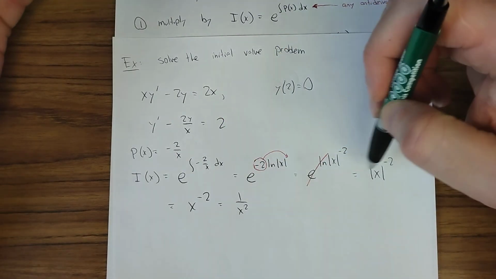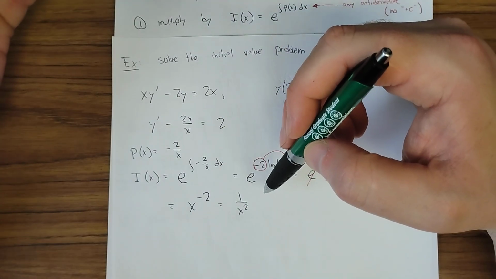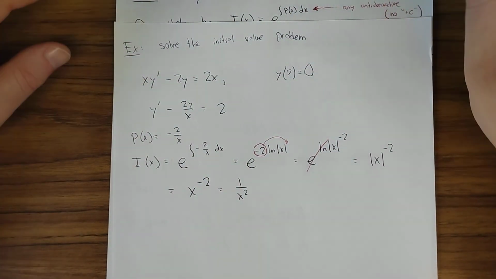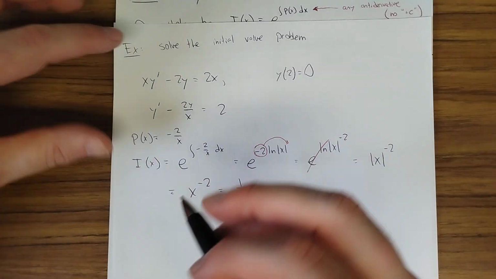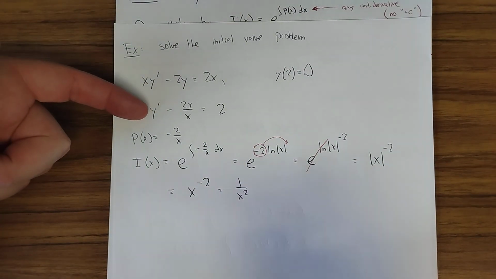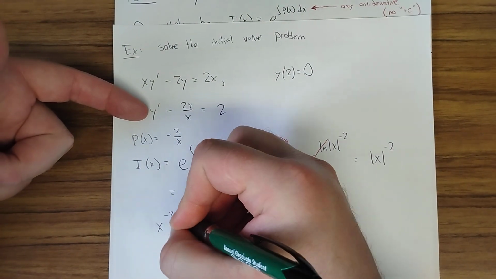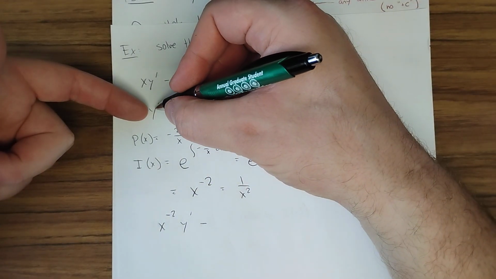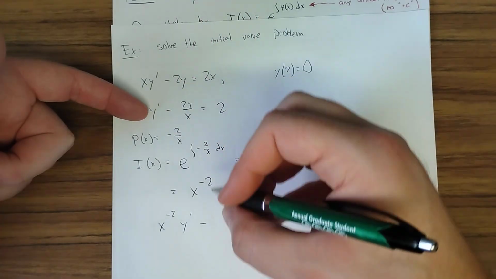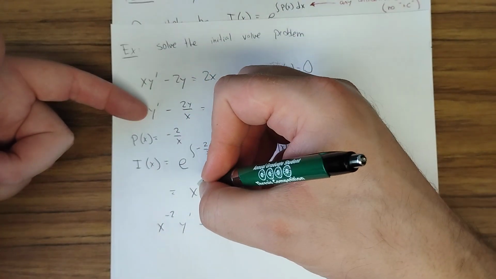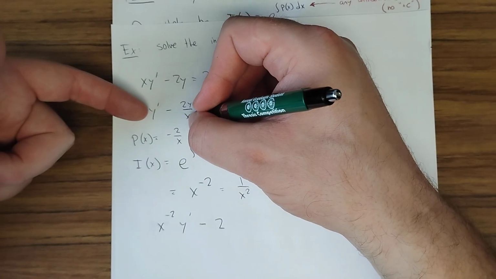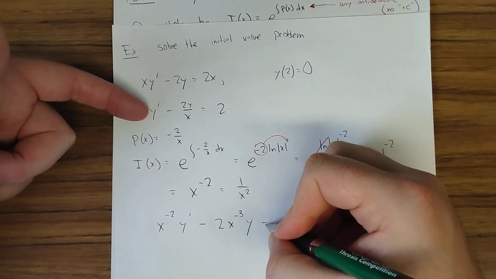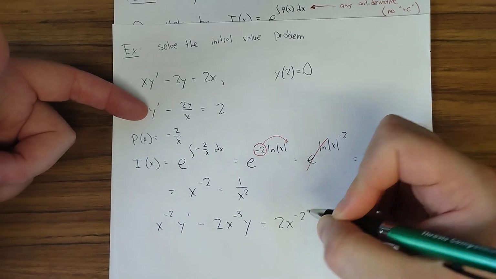Anyway, finally, after simplifying this so much, I'm going to multiply both sides by that. So I've got an x to the minus 2 y prime minus 2. Okay, I'm taking an x to the minus 2, and this is another x on the bottom, so I'll call this x to the minus 3 y equals 2x to the minus 2.